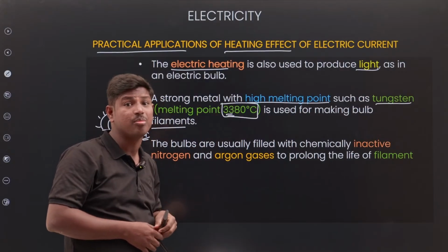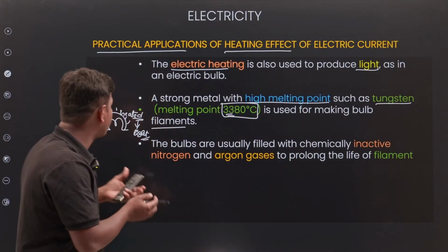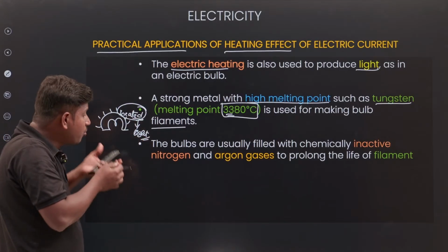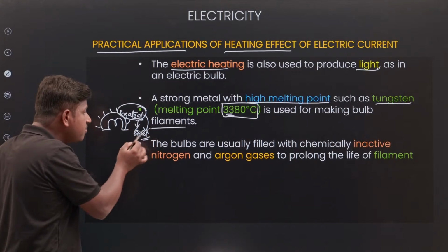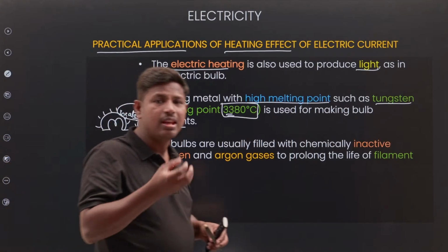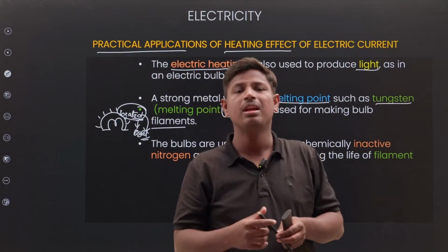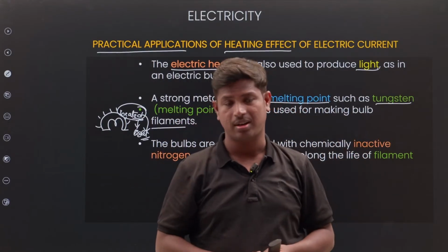Anybody have a doubt why we are using this much temperature? If the temperature rises, it produces more heat. If more heat is there, then it gives light. If any material produces heat, it releases more heat.